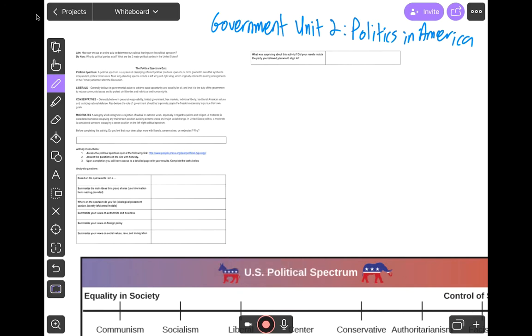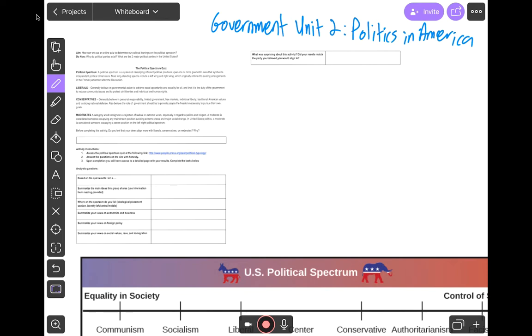We're going to be picking up on our work in Unit 2, which is focusing on politics in America. We're really going to be building on the base of what we looked at yesterday, which was the two-party system in America. You also looked into the platform of a third party.